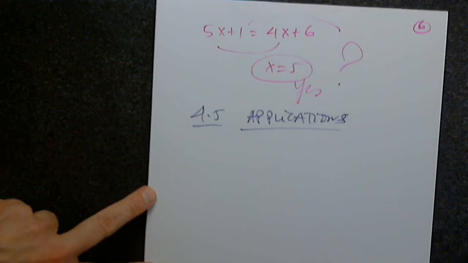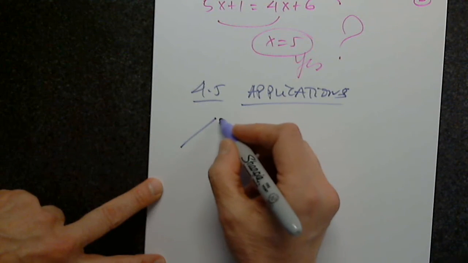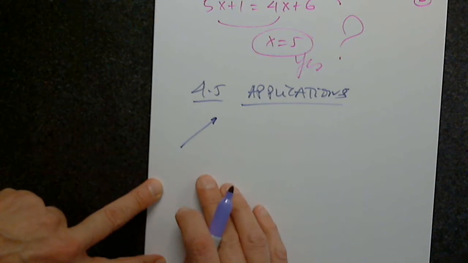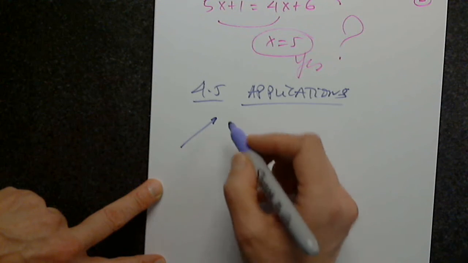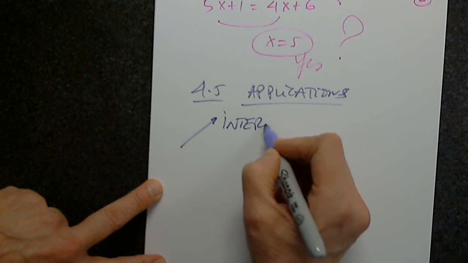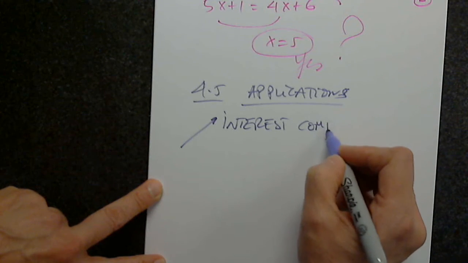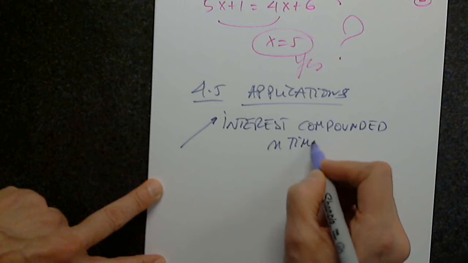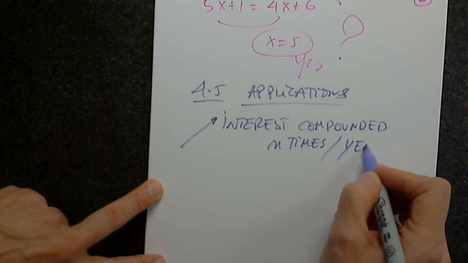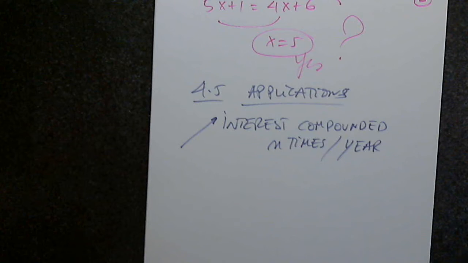Okay, so we already looked at two applications before. Number one was interest compounded n times per year. We did that. We looked at something like that.